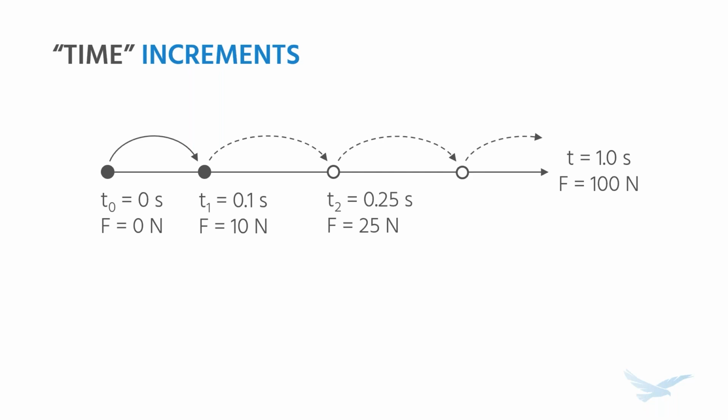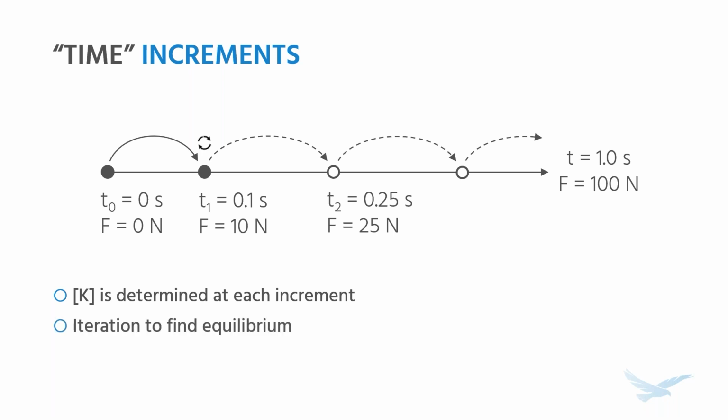So we're stepping along the way, adding these time steps to get us to our final result. And the key here is that at every single time increment, we are going to be recalculating that stiffness matrix. We're also going to be doing iterations at every time increment. At every time step, we need to make sure that our force equals stiffness times displacement equation is balanced. This is important to make sure that we have an accurate result.